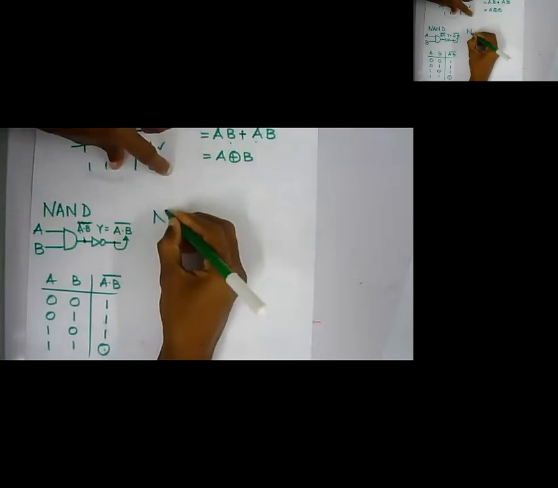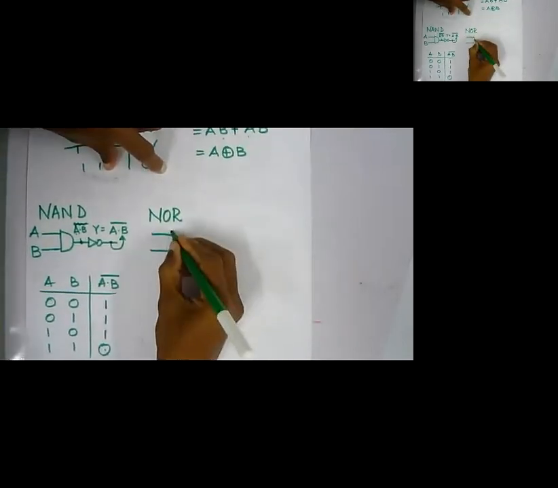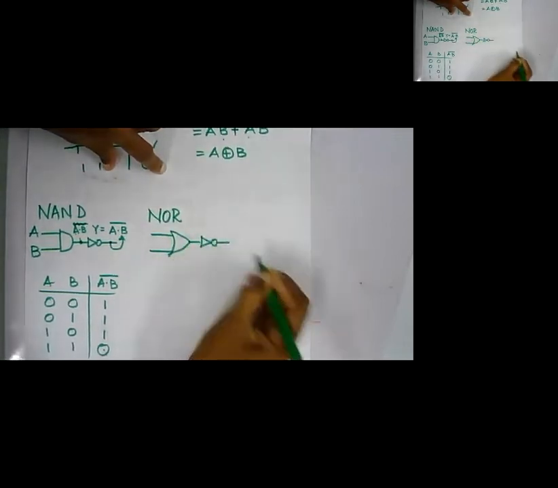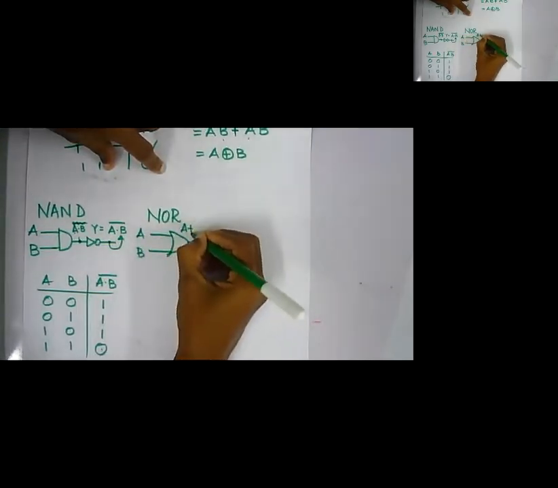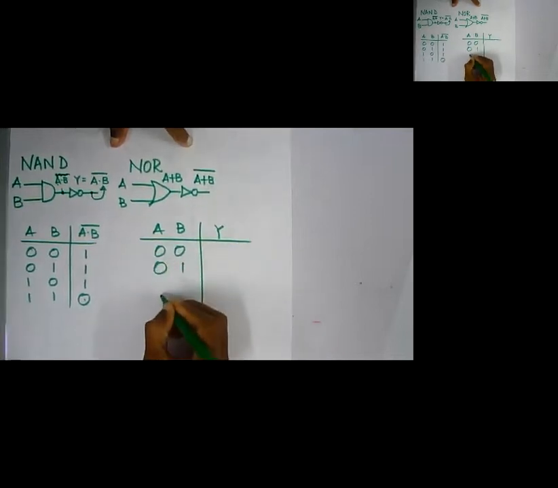Clear? Similarly, we have the NOR gate. A NOR gate is a combination of an OR gate and a NOT gate. This is A, B. This will be A plus B, and this will be A plus B bar. If I draw the truth table, A, B, and Y: 0 0, 0 1, 1 0, 1 1.